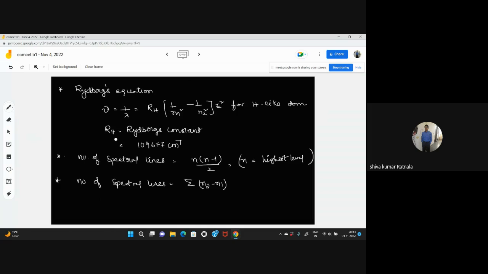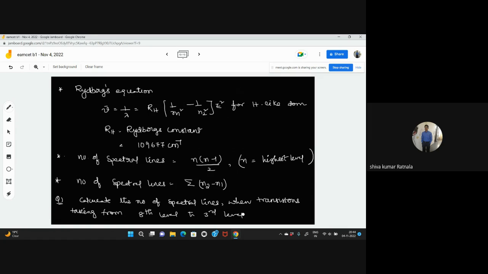For example, a question is given like: calculate the number of spectral lines when transitions take place from the eighth level to the third level.